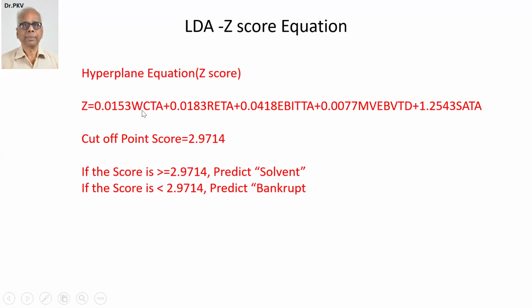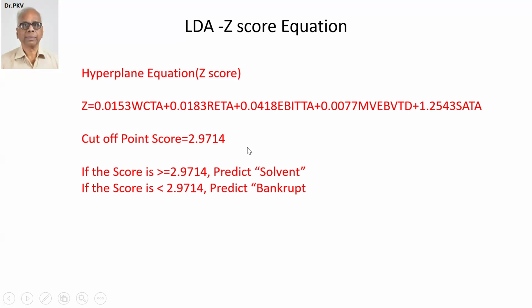So in other words, this is working capital to total assets, retained earnings to total assets, earnings before interest and tax to total assets, market value of the equity to the book value of the total debt, and this is sales turnover to the total assets.